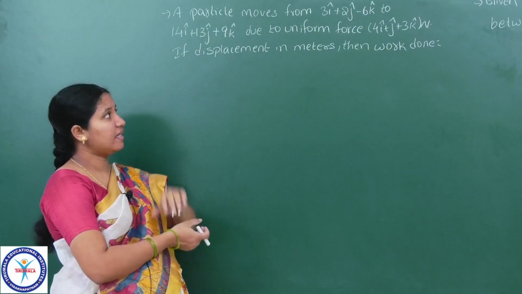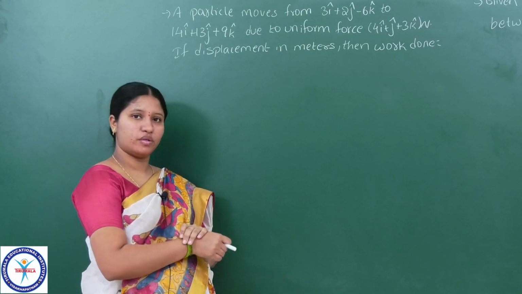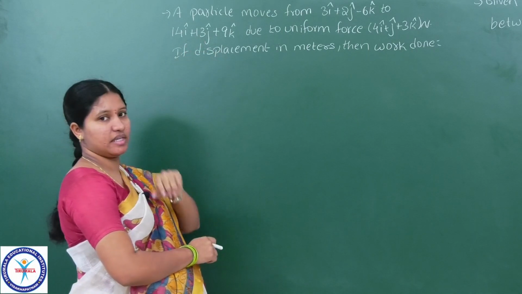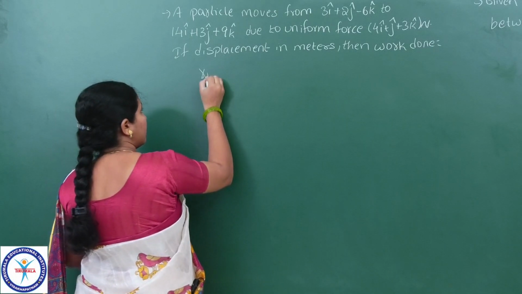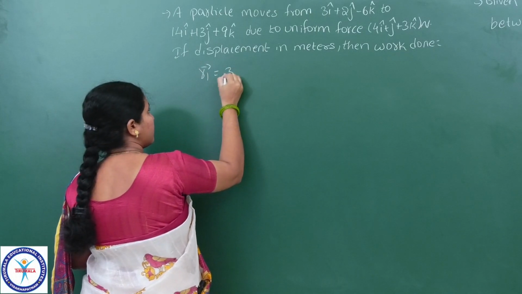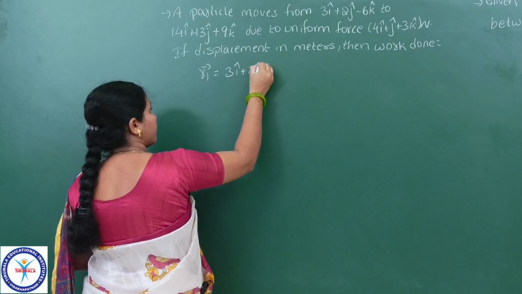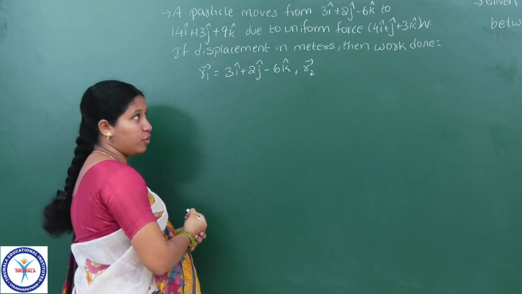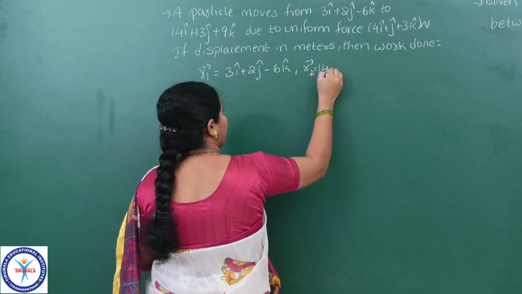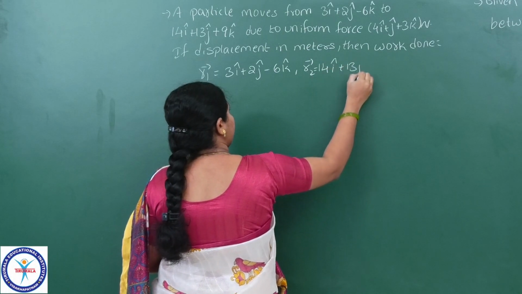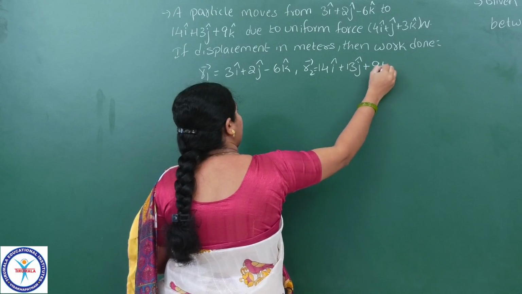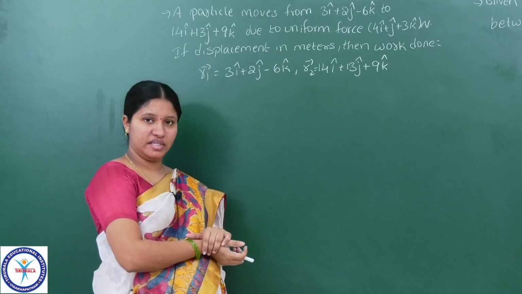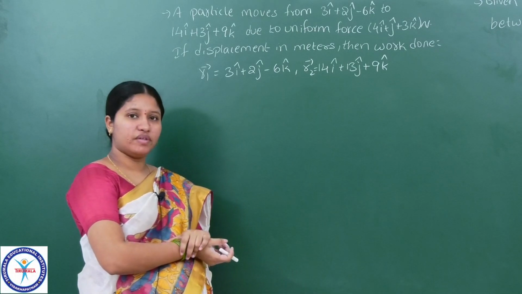So, given a particle moves from 3i cap plus 2j cap minus 6k cap to 14i cap plus 13j cap plus 9k cap. So, here let us consider the first position as r1 bar is equal to 3i cap plus 2j cap minus 6k cap, and the second position r2 bar is equal to 14i cap plus 13j cap plus 9k cap, and force is given as 4i cap plus j cap plus 3k cap, and he asked to find work done.